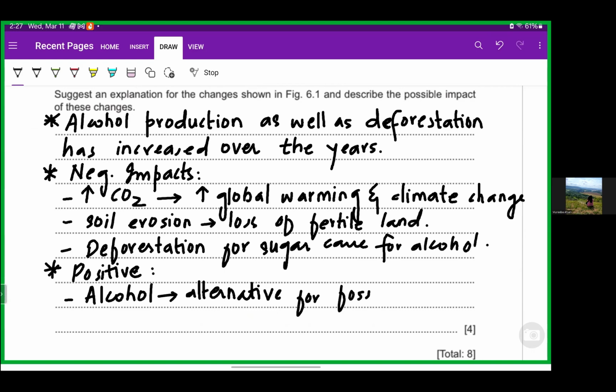You know that fossil fuels are running out and we need other resources or other alternative options. And when there will be less fossil fuel burning, there will be less global warming.